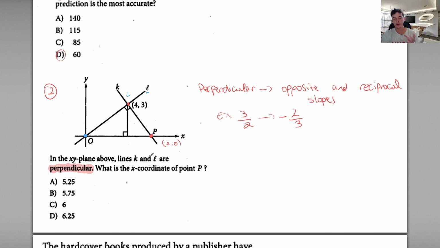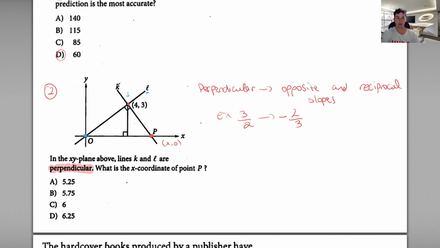So as I read a question, I always try to look at what I want to find. So I want to find the x coordinate of point P. How can I find that? I know that line K passes through the point 4, 3, and if I know how line K is going to behave, which I can do by finding the slope, I know what point P is going to be.